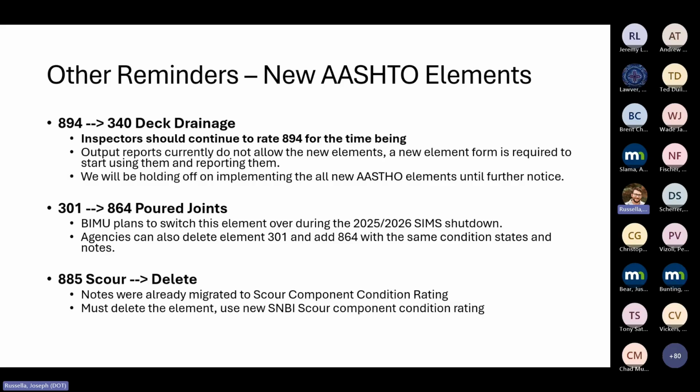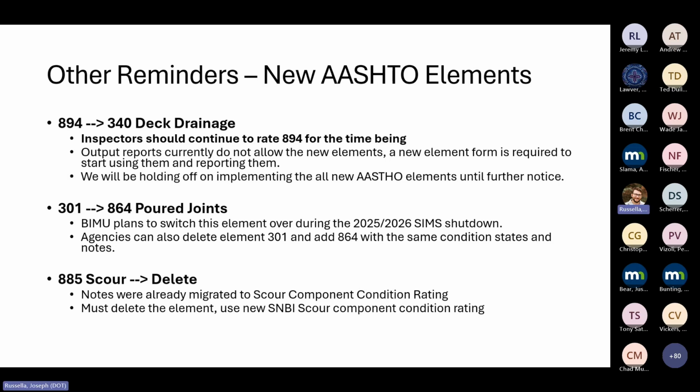Because of that, Bentley had to make some changes to their database side, which our element output reports are not necessarily linked to. So if we were to use them, not only would that be affected, but also all of our downstream databases and output reports would also be affected. So for now, we're going to hold off on using those new AASHTO elements until that can be resolved.